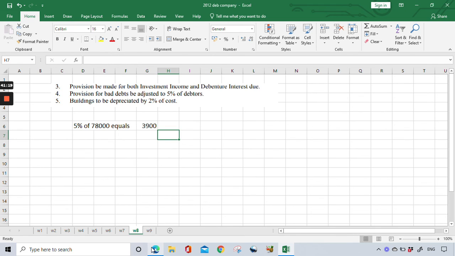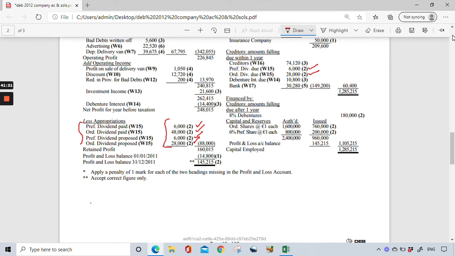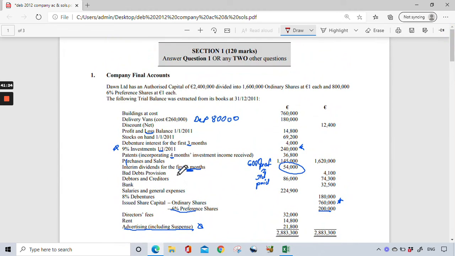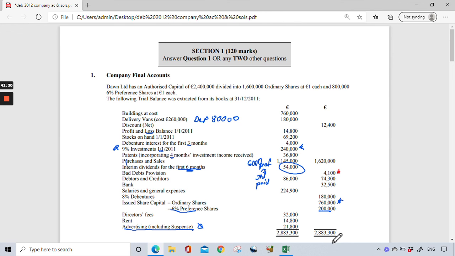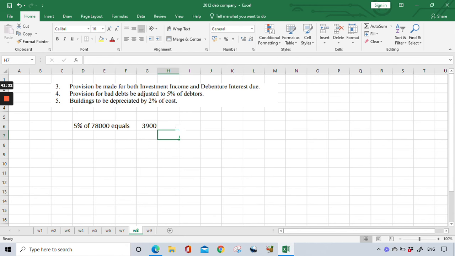I look at my trial balance to find the figure here. Bad debt provision is 4,100 here, which is higher. So 3,900, which is a reduction of €200.